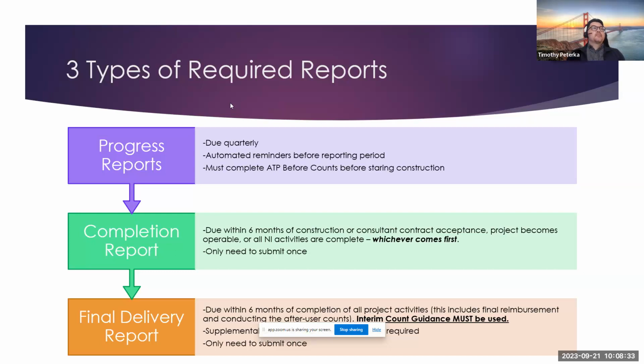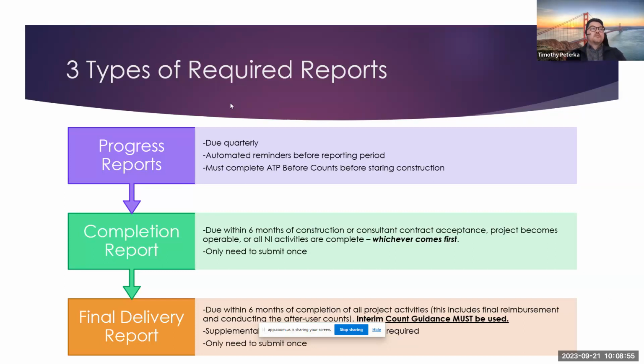You know, prepare, get your data and your information together, and get that ready to go. So those progress reports are due from the time you are adopted, over the course of however many years, until you are to submit to us a completion report.